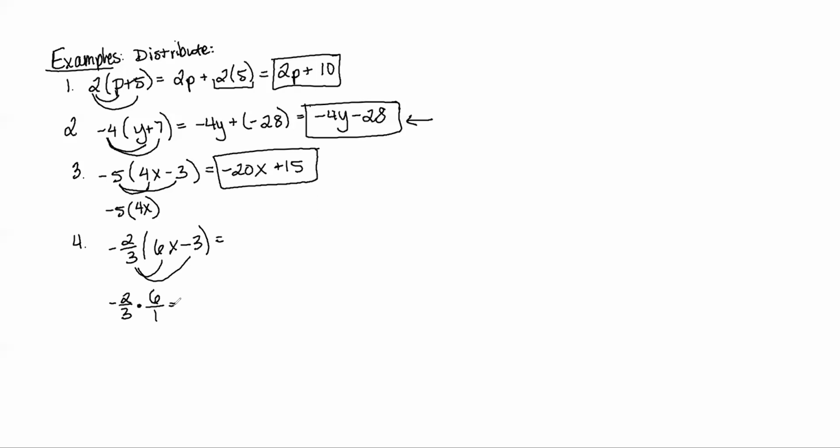And I'll go ahead and reduce at the end because these numbers aren't too bad. So negative times a positive is going to give us a negative. 2 times 6 is 12 over 3 times 1 is 3. And -12/3 is -4.